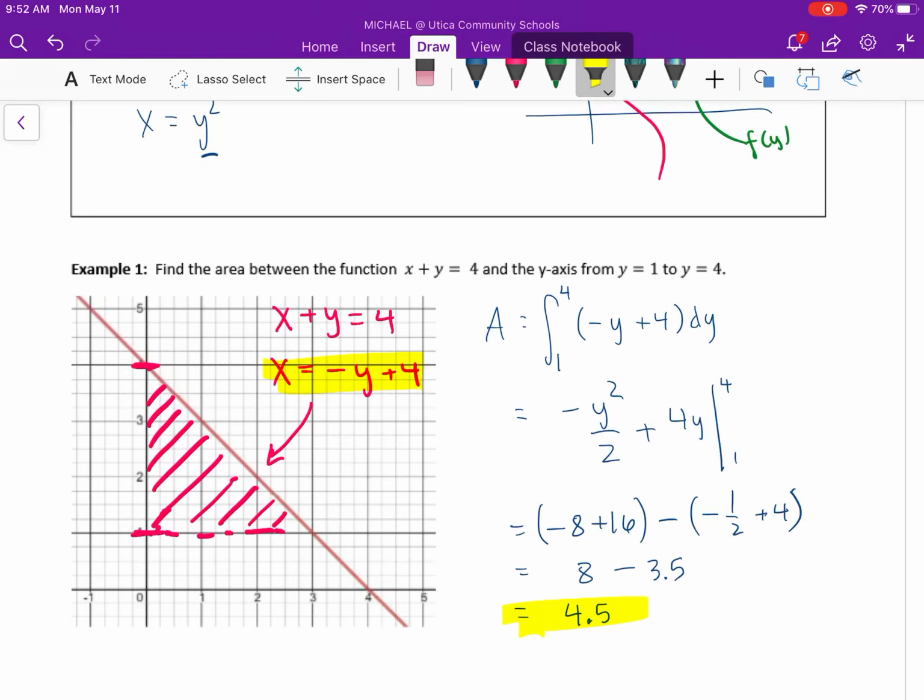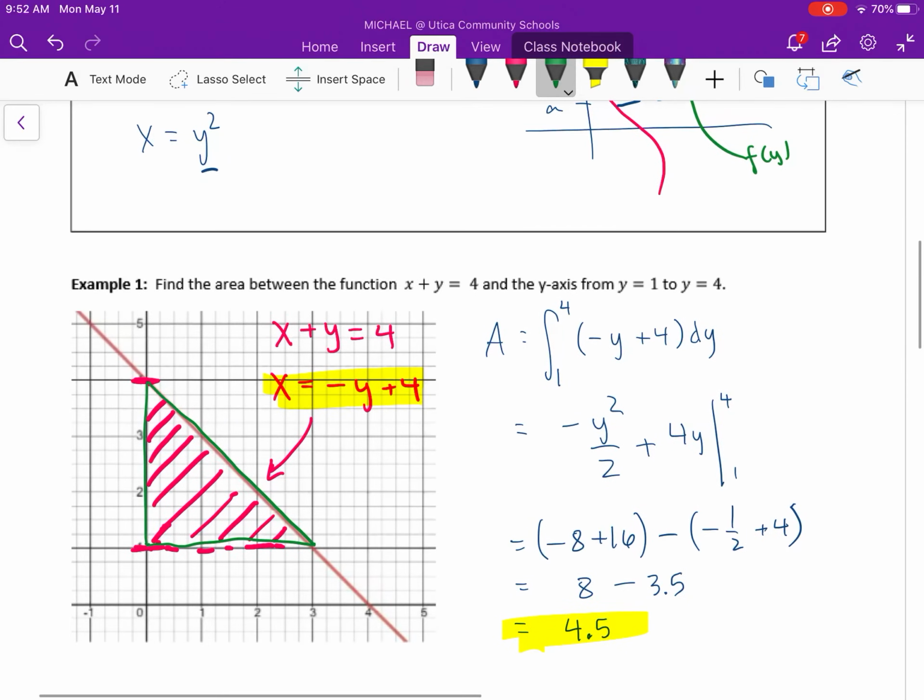And we can verify that pretty easily by finding the area of this triangle. It is 3 height, 3 base. So 1/2 base times height. 1/2 of 3 times 3 is 4.5. So that is how you find the area with respect to y.